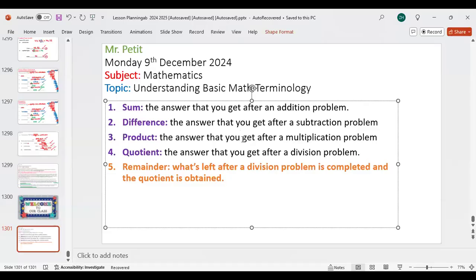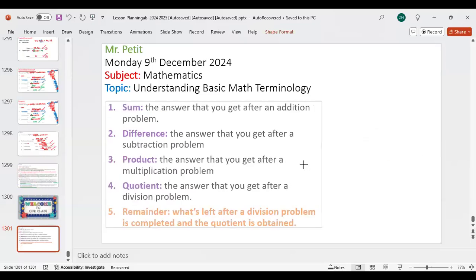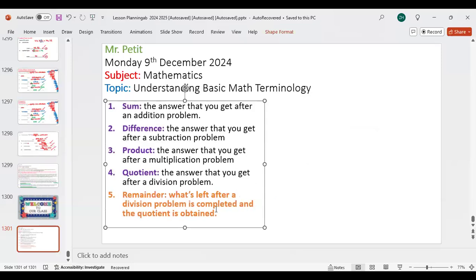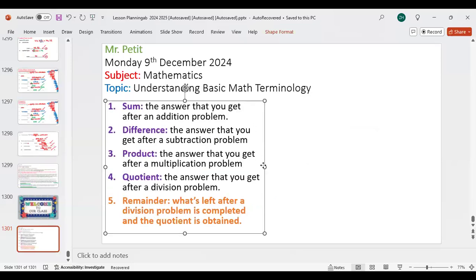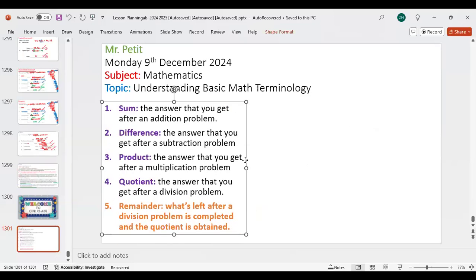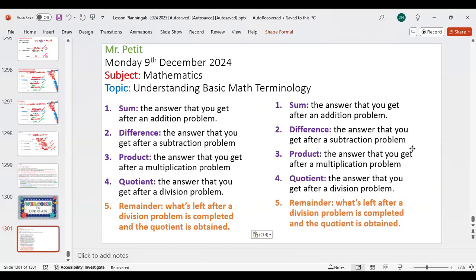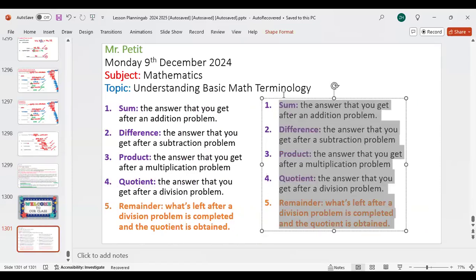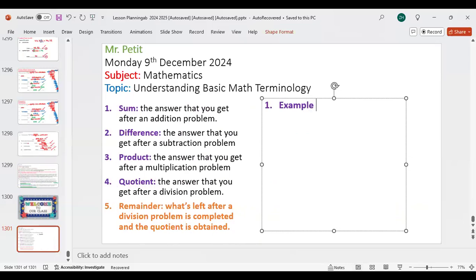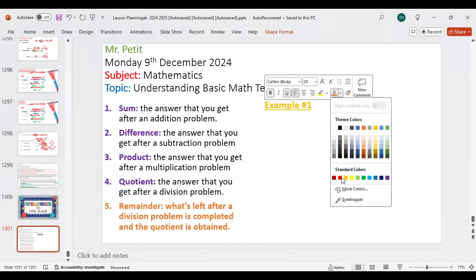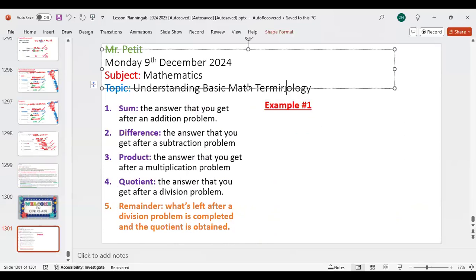All right, so let's start off with our first example. Cleveland, can you read the 5 terminologies that we have, the 5 keywords? Yes, sir. Number 1, sum, the answer that you get after an addition problem. Number 2, difference, the answer that you get after a subtraction problem.